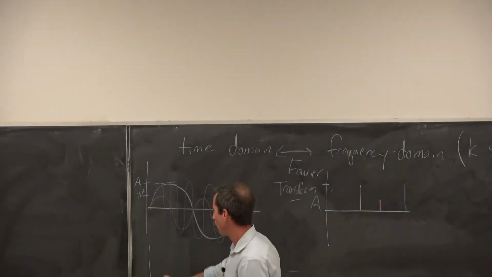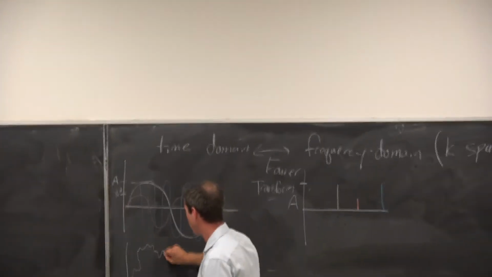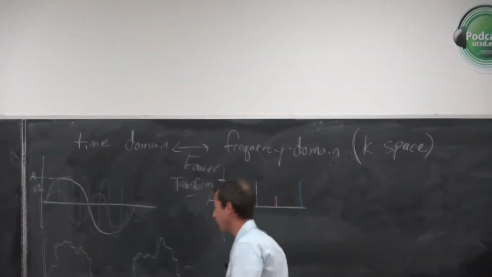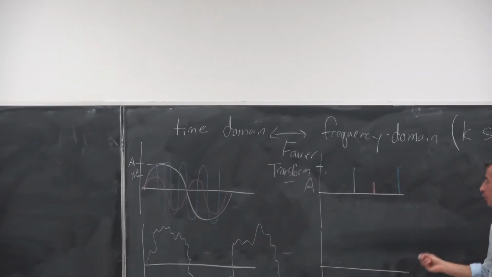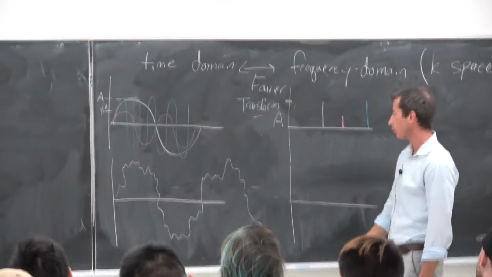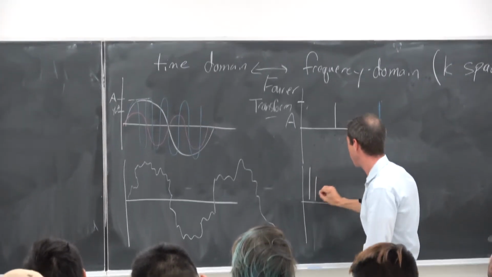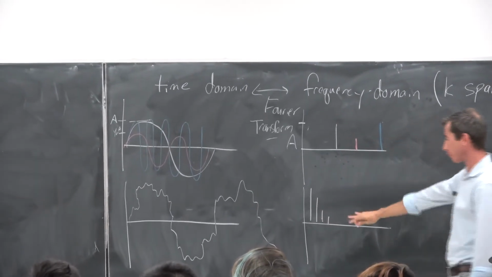One thing I didn't mention is, let's say you start to have a compilation of many different frequencies, right? Let's say you have a signal that starts to look like this. What would the frequency domain of that look like? Essentially a sum of these individual frequencies.